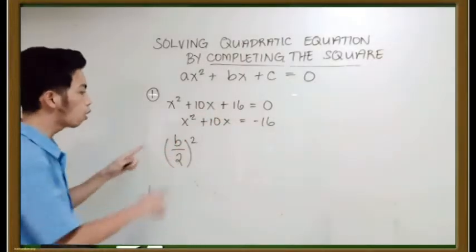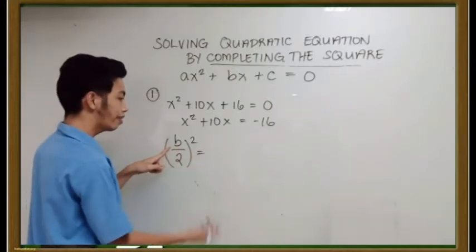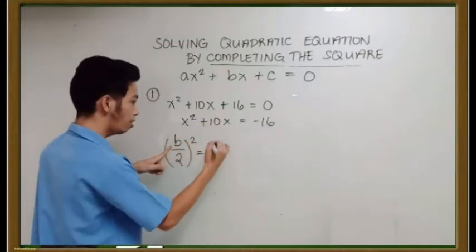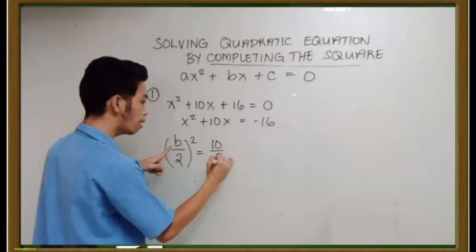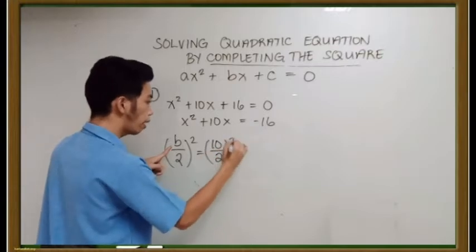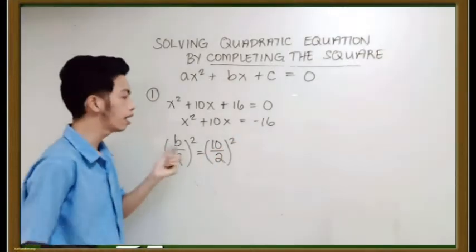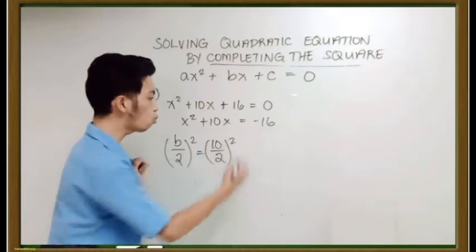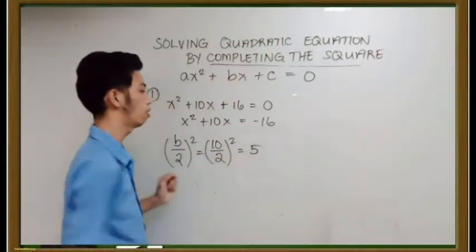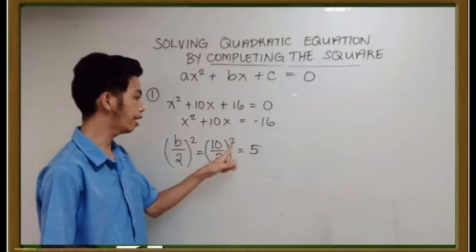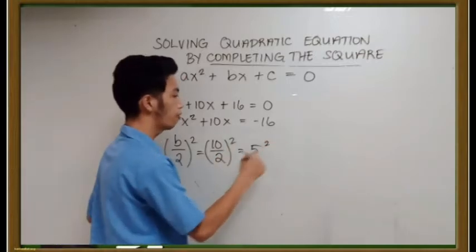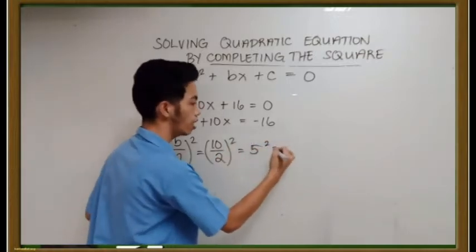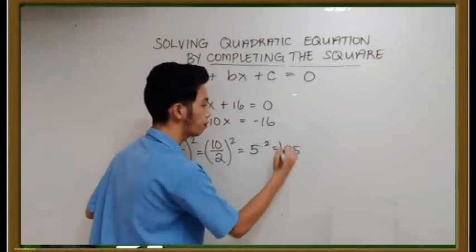So therefore, we know that b is 10 and then divided by 2 and then square it. Okay? Now, 10 divided by 2 is 5. Okay? 5. And then you have square. 5 squared, that is 25.